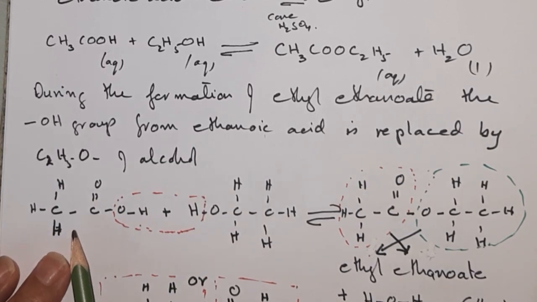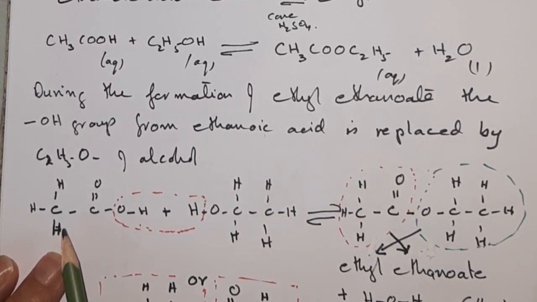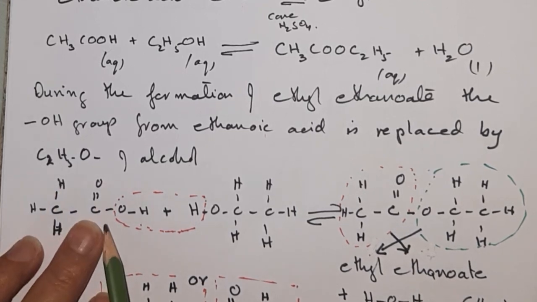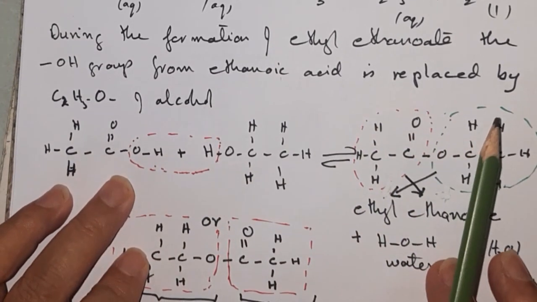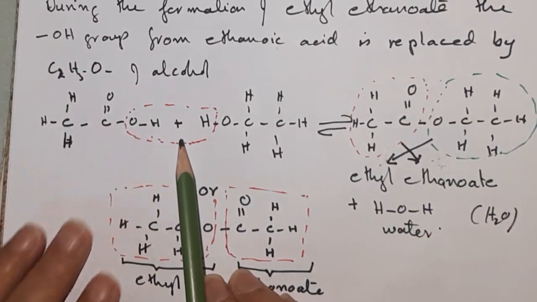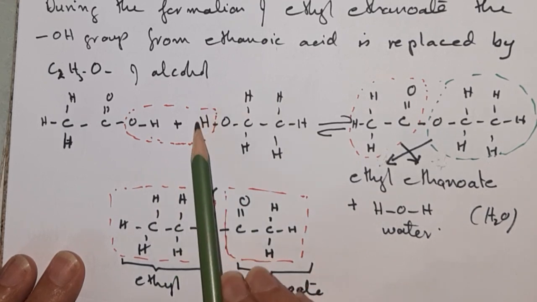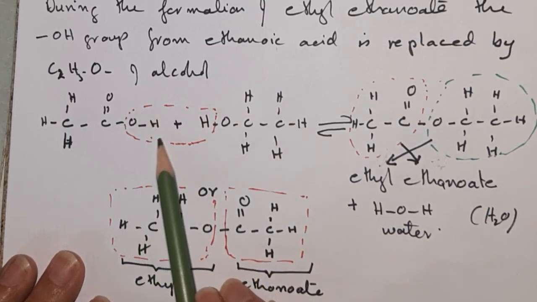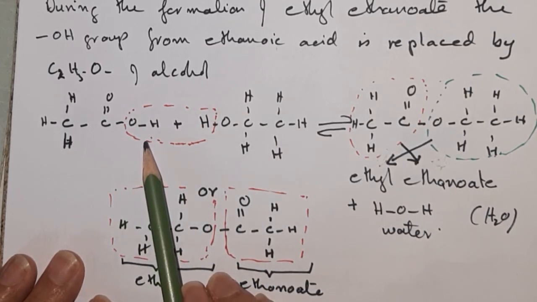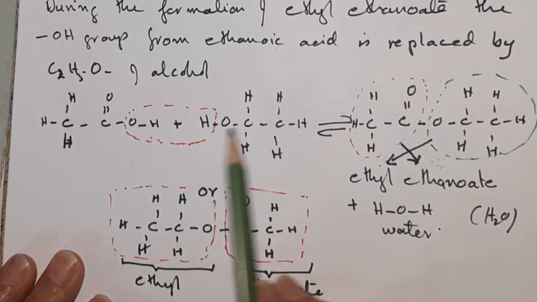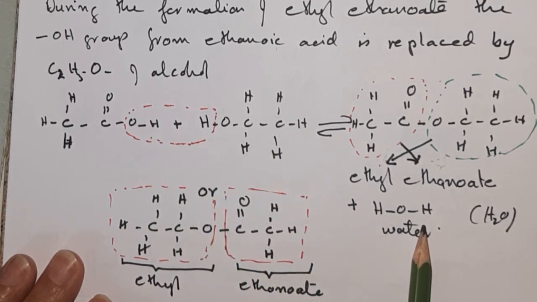Now this I have written: ethanoic acid, 1 carbon CH3, C double bond O and OH, and this is ethanol. So hydrogen of ethanol and OH of the ethanoic acid are removed and form water over here.